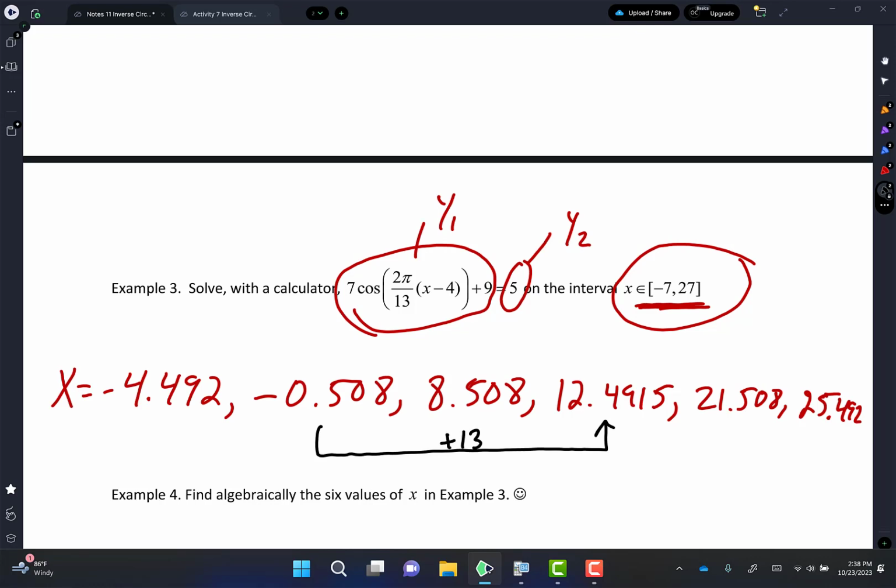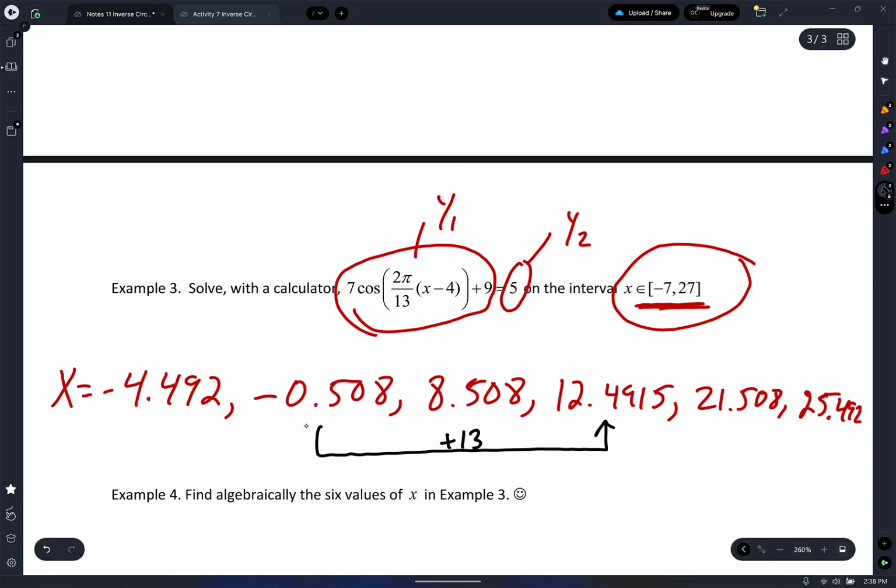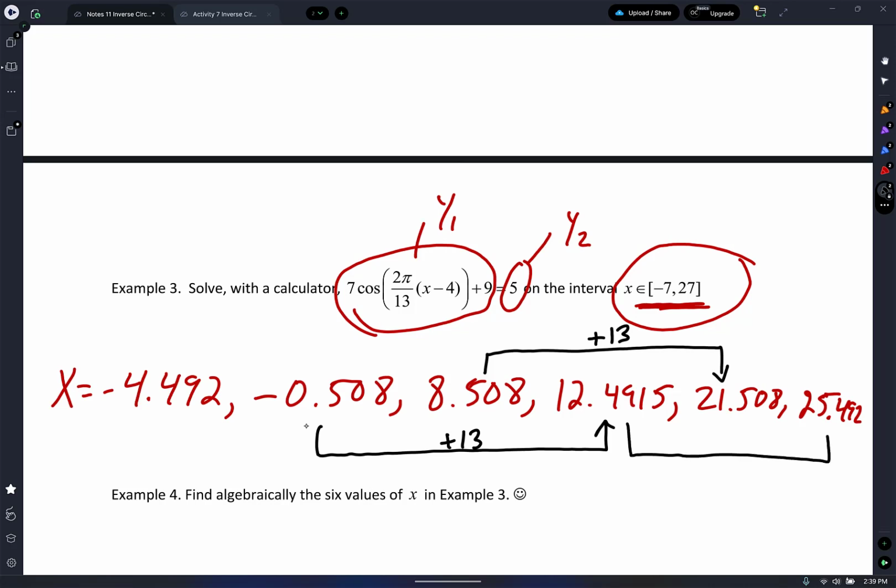Go ahead and put 12.4915 minus that negative 0.508. It's going to be a perfect 13. Use the exact numbers that you got on there. Or look at this. The difference between this one and this one is 13. Are you shocked by that? Are you like, oh my God, I can't believe that? Are you shocked that all those differences are 13?